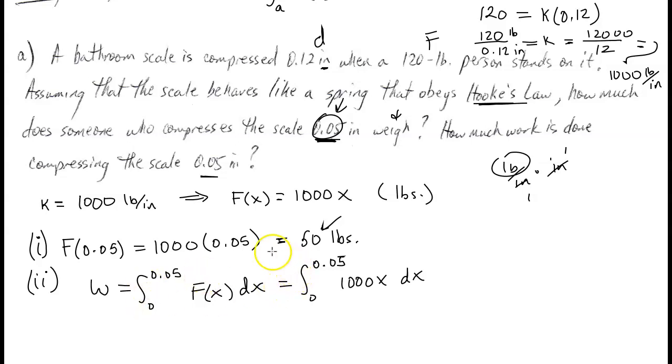But because of the fact that we're talking about compressing the spring, we have to take into account all the small increments of the spring going down from 0 inches down to 0.05 of an inch. The little minuscule amounts of work that's done all the way down, and then we're summing all those up.